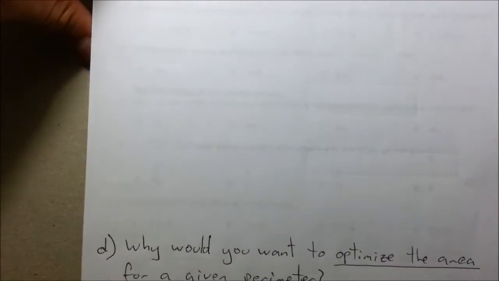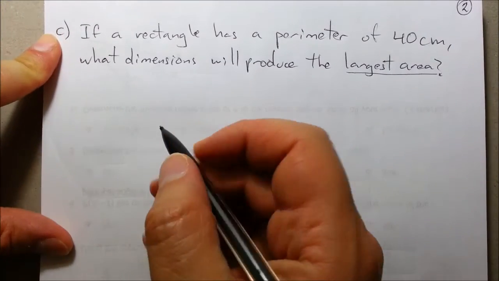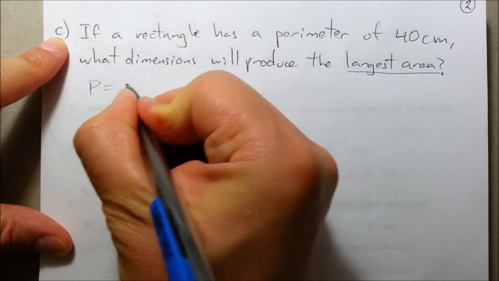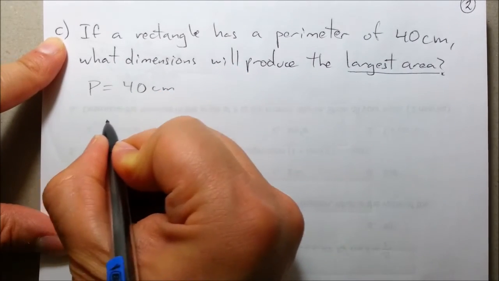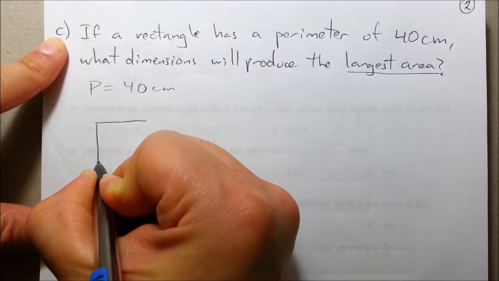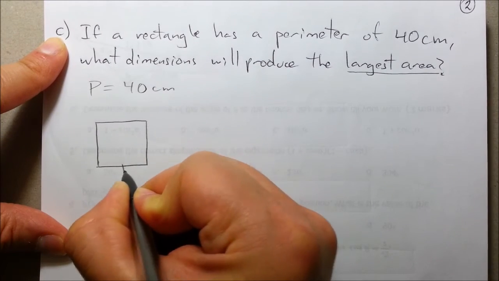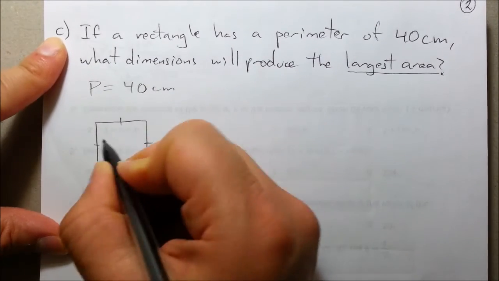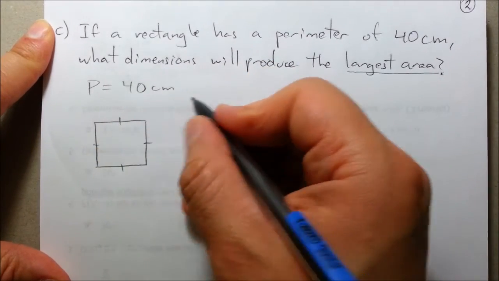So how would we calculate that? Let's collect our data first. They're telling us that the perimeter is equal to 40 centimeters. If we know that the rectangle that will produce the largest area is the one closest to a square, and they're not giving us any limits as to how this perimeter can be formed, then what do we need to do?